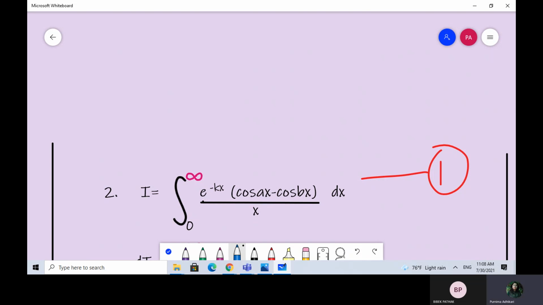Yes, you have two choices: either you put k equals to infinity or you put a equals to b. You can choose any one of the processes. So let's put a equals to b.